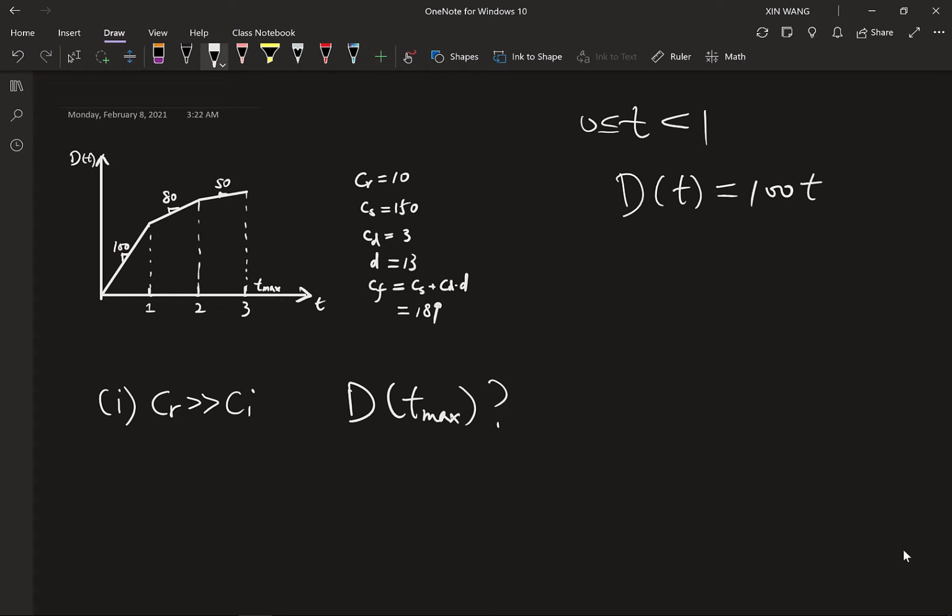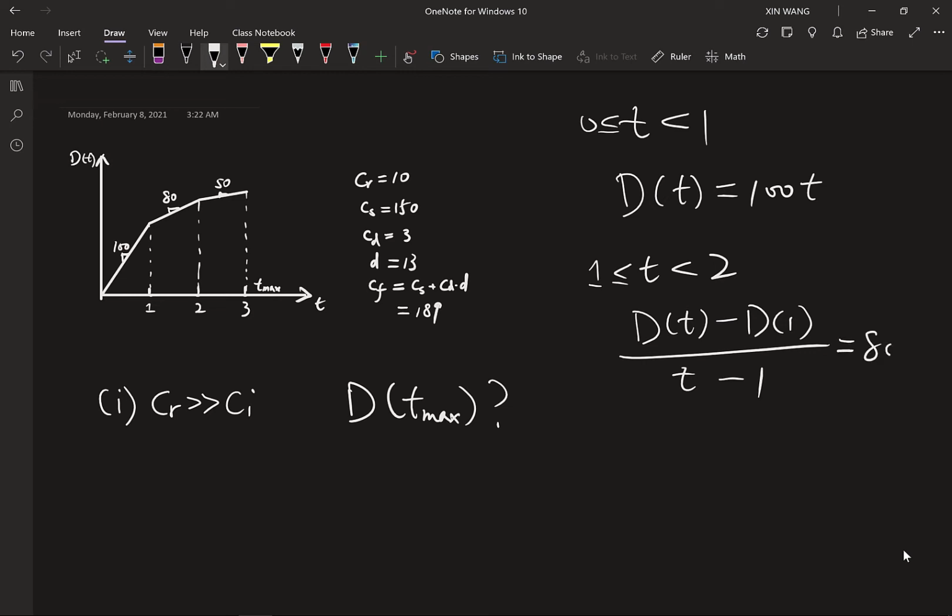In the second piece, when t is greater than 1 and smaller than 2, this is a line segment whose gradient is 80. We can write (d(t) minus d1) divided by (t minus 1), and this is the gradient, which is 80. So this gives us d(t) equals d1 plus 80(t minus 1).